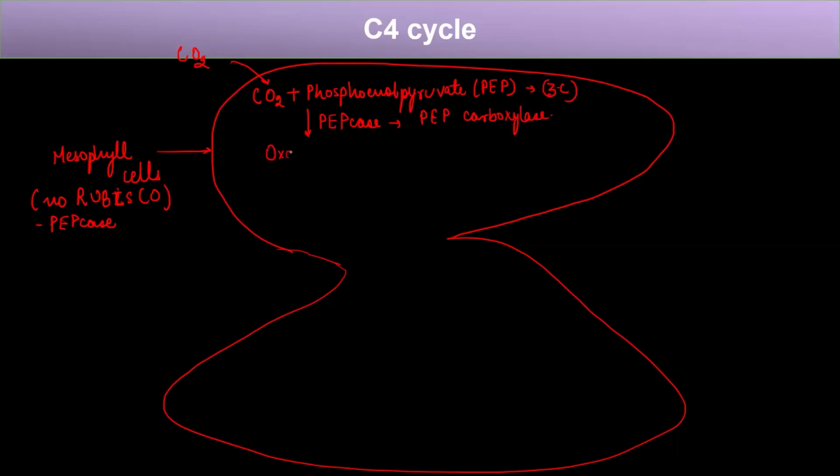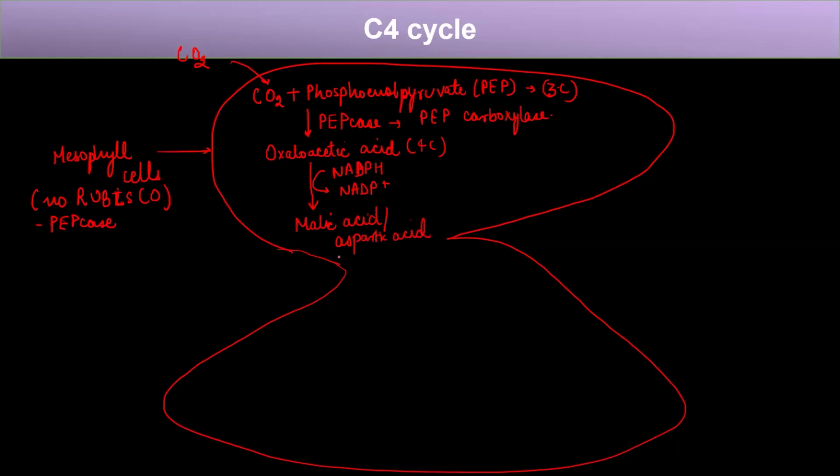It gets converted into oxaloacetic acid, which is 4-carbon, right? Now, this oxaloacetic acid, by utilizing NADPH, which gets converted into NADP plus, gets converted into malic acid or aspartic acid.